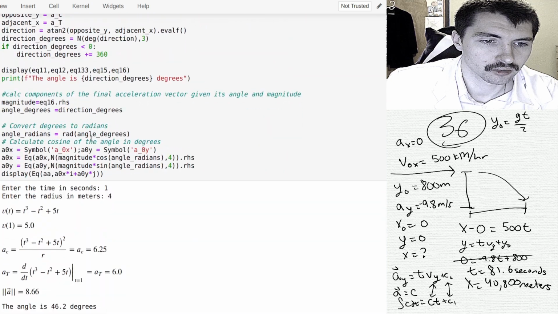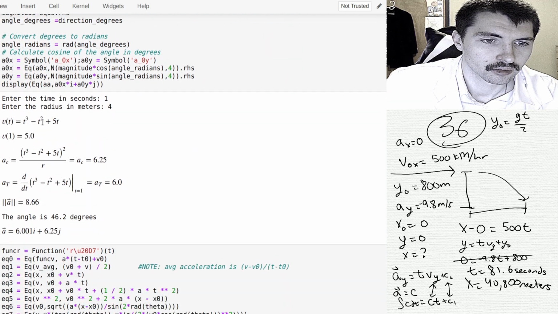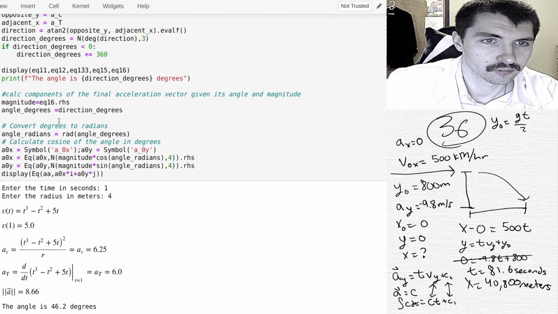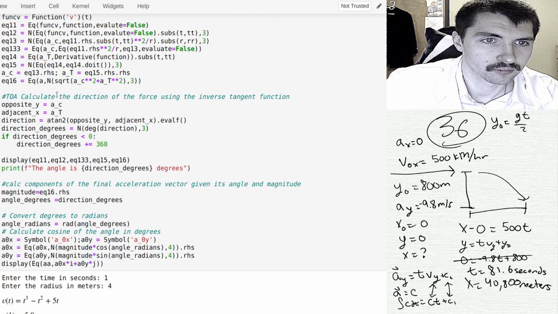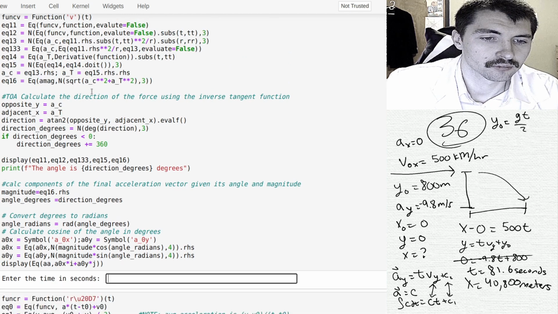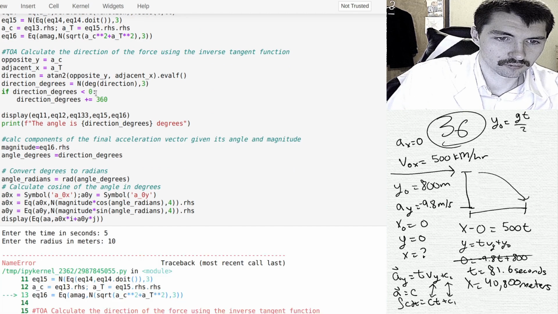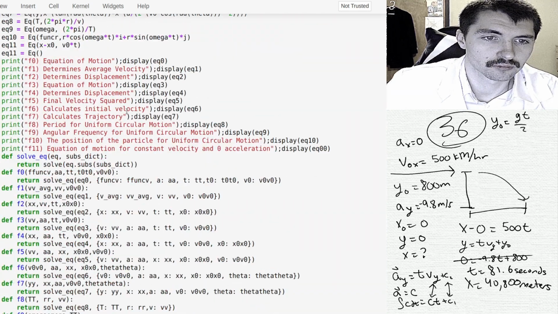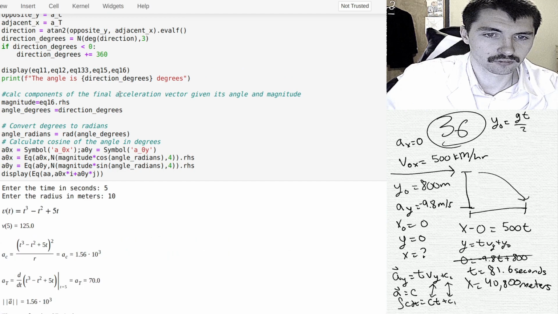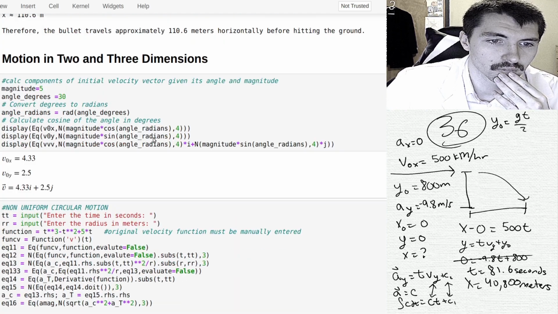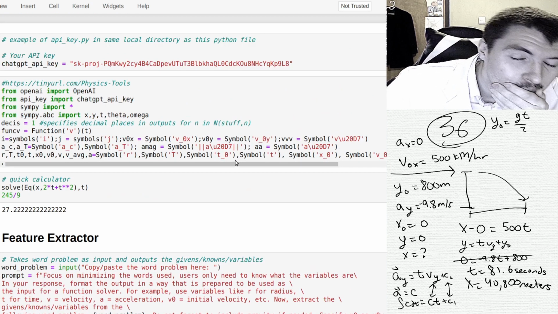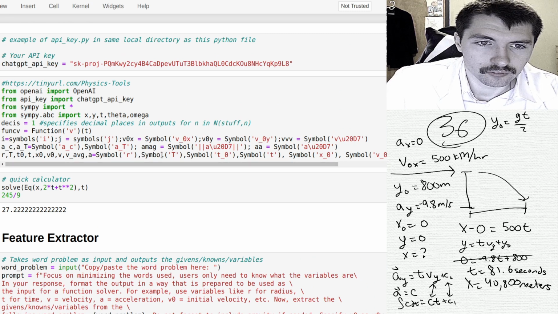And where they have it, A mag. Okay, works for me.